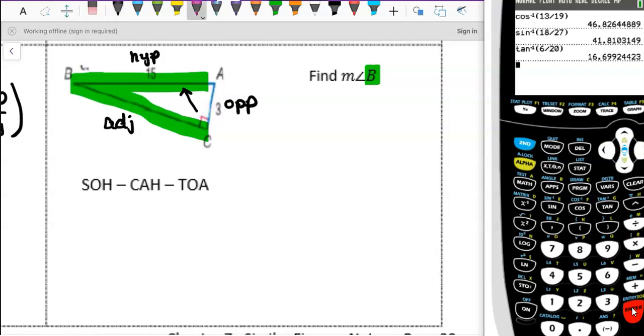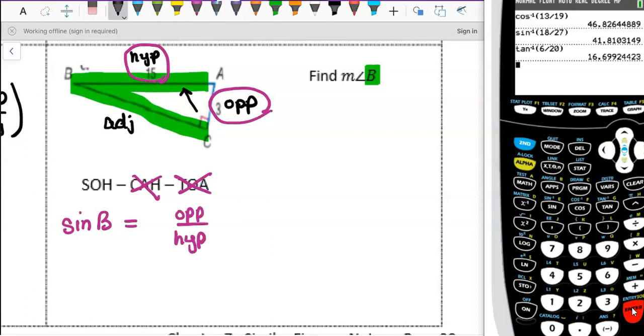So I have something for my hypotenuse. I have a number for my opposite. So I need to eliminate anything with the adjacent. This time I am using the sine. So the sine of B equals the opposite over the hypotenuse.